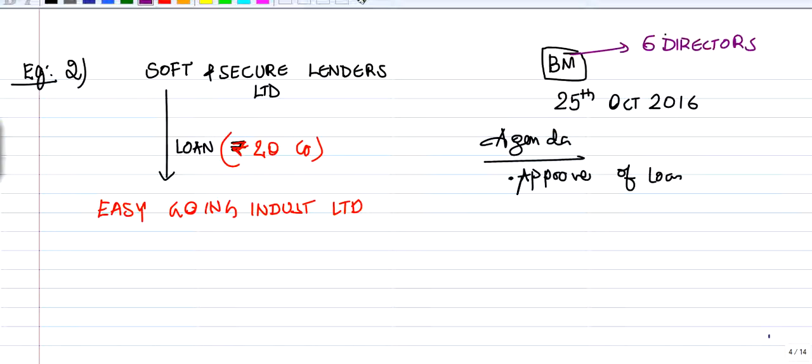Out of the 6 directors, 5 directors were present, but out of the 5 directors, 4 directors approved and one did not approve the loan of 20 crores to Easy Going Industries.